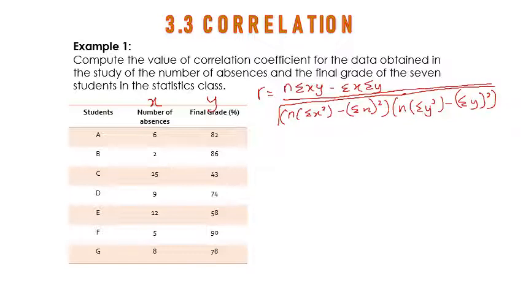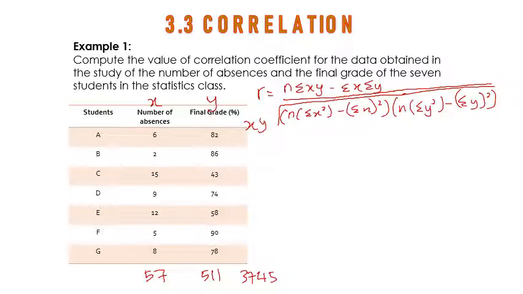Okay, so from the data we total up the X, we got 57, and Y we got 511, and for the value of xy we multiply 6 and 82, 2 times 86, 15 times 43, and we total up, we got 3745.